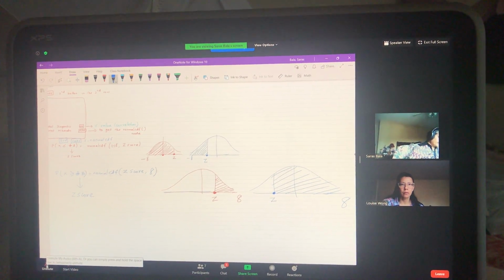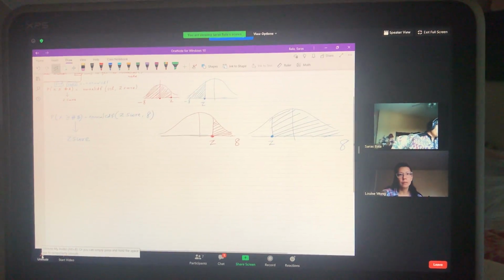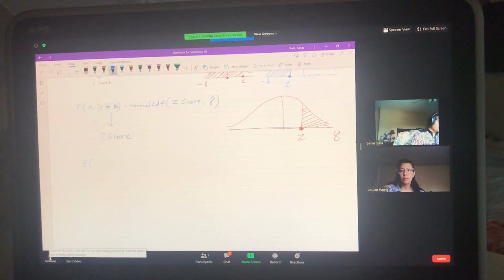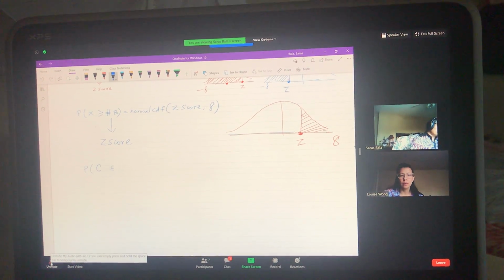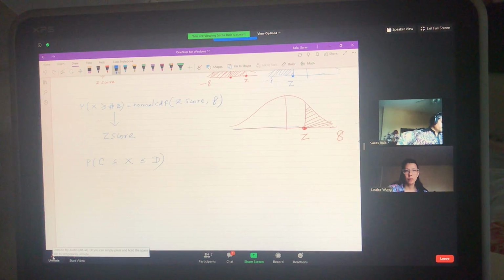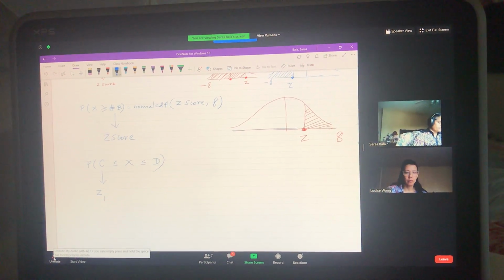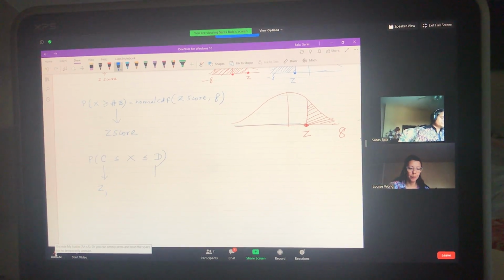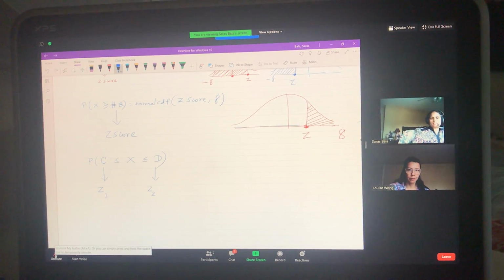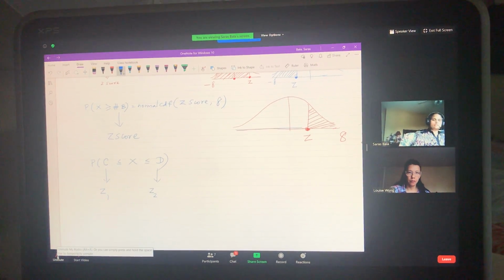Let me complete the last one, which is going to be bounded between two numbers. The probability that some numerical value is less than x, less than or equal to another numerical value. The first numerical value gives you the z-score, which is called z1, and the second numerical value gives you the second z-score, which is z2.